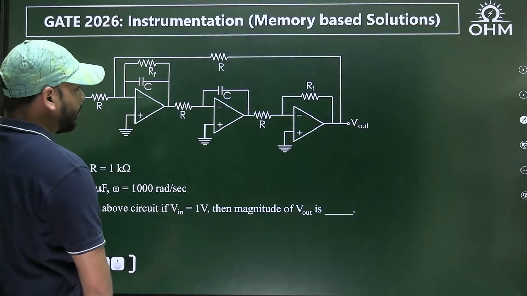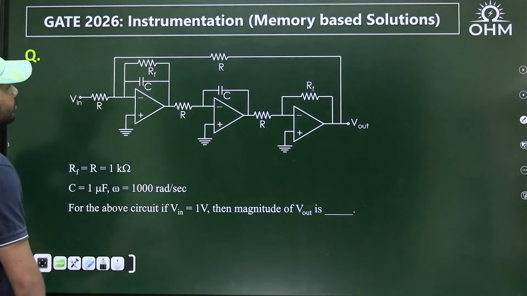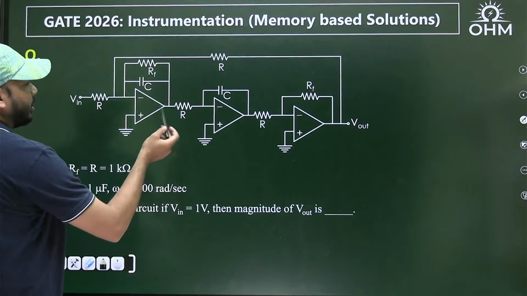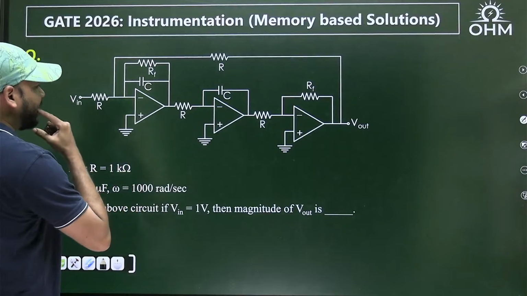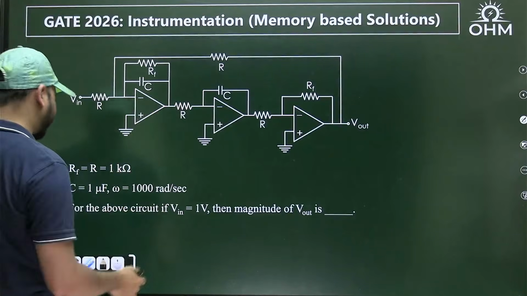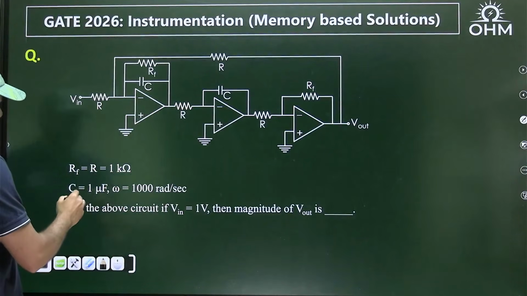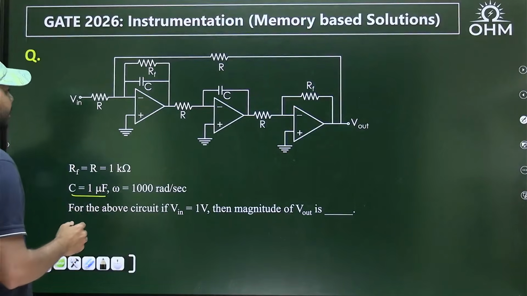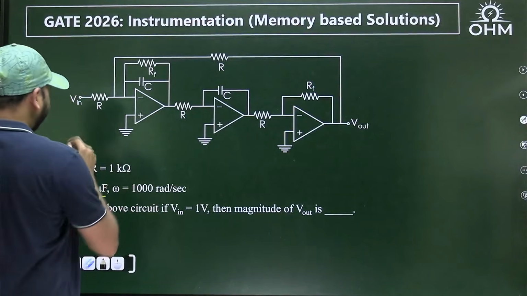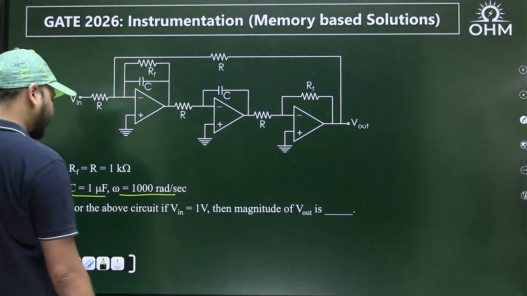Again, some op-amp circuit is given, with a bunch of resistors as well as 2 capacitors. The capacitance value is 1 microfarad. I think the frequency of the input is given as 1000 radians per second.